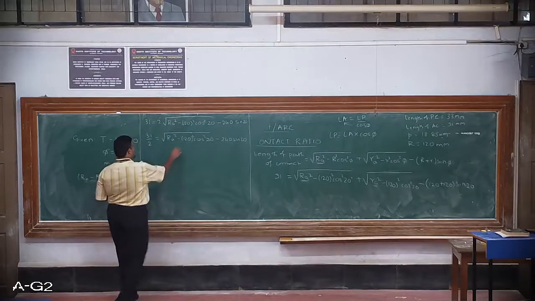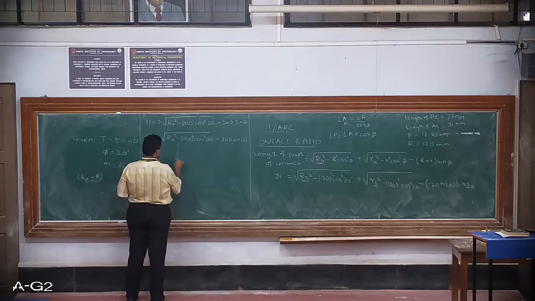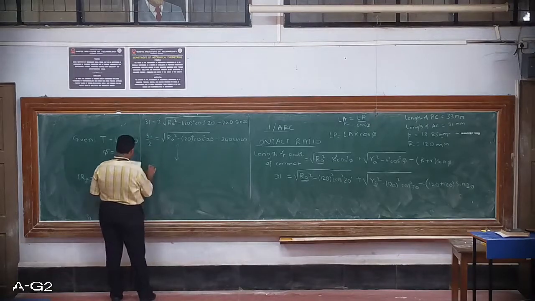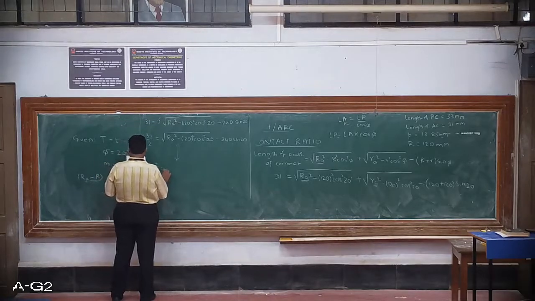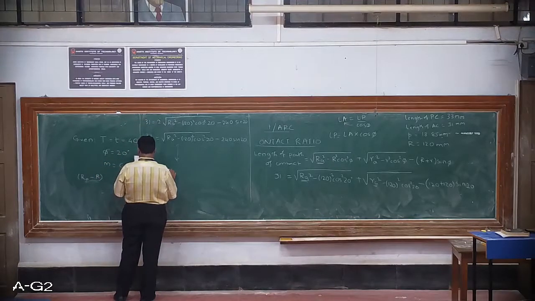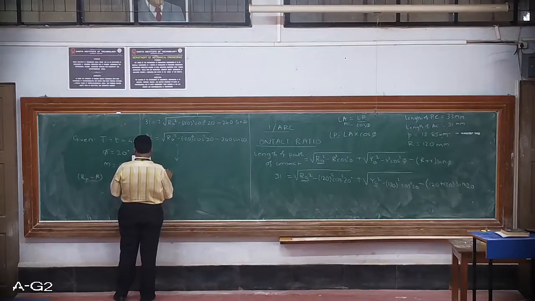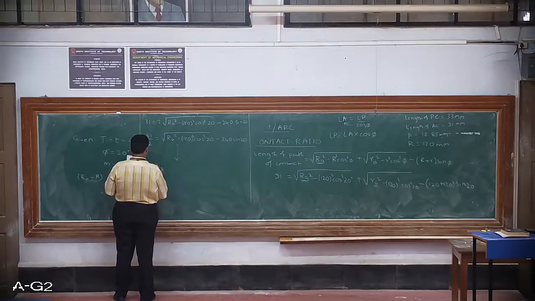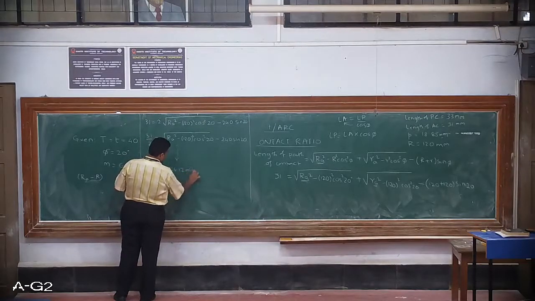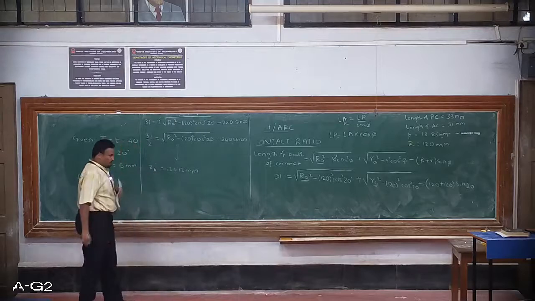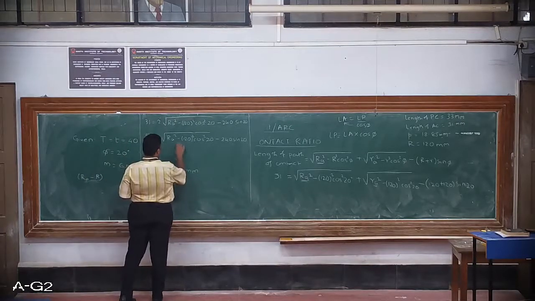So you make some simplifications over here, cross multiply and do those simplifications. So we get RA square will be equal to, RA will be equal to 126.12 mm.